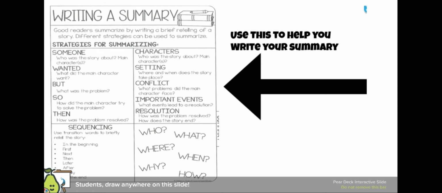And I talked about how when I write a summary, I typically use the idea of characters, setting, conflict, and resolution, and include just a few important events that might be in the middle. So that is what I was thinking about when I did my summary.